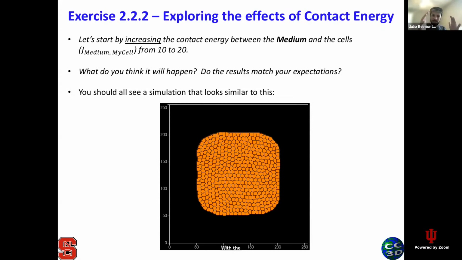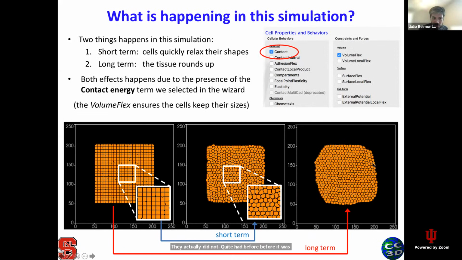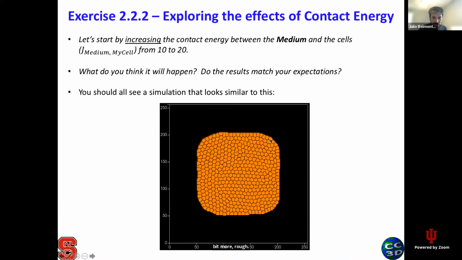The cells have to organize a little more, and then you form a very nice single cell layer right here, at the edge, that you did not quite have before. Before it was a little bit more rough, but now it's really a very nice layer outside. It's something that one of your colleagues noticed.